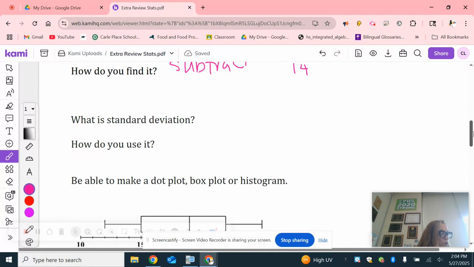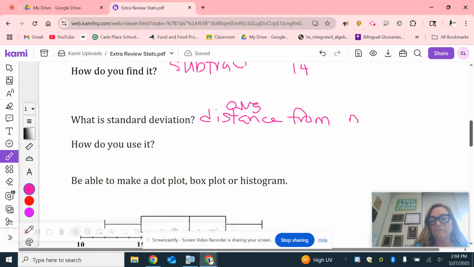If you've ever heard of a normal curve, that's where we use it. Okay, so it's kind of an abstract thing. We don't make you calculate it by hand, but basically it's the distance from the mean. Average distance, I'm gonna say average distance from mean.